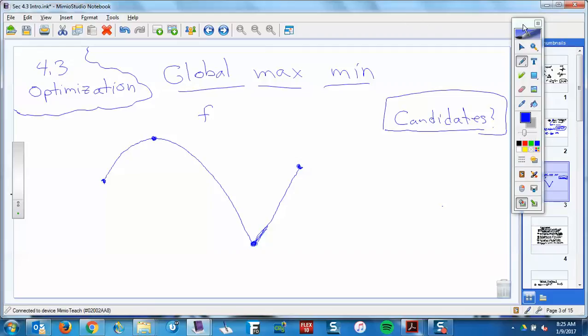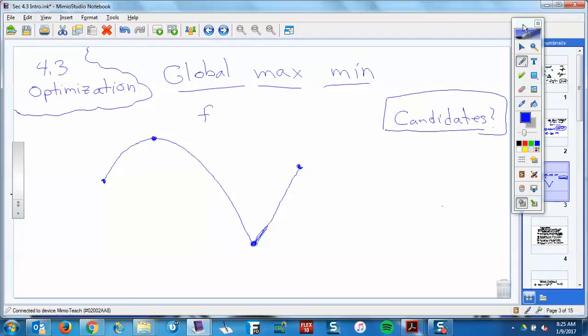So if the problem just says find the maximum of this function, we read into that it means global. What is the minimum cost? What is the maximum profit? How many things should I make? What price should I set to get the max profit? Those are the kind of problems we're going to be doing.